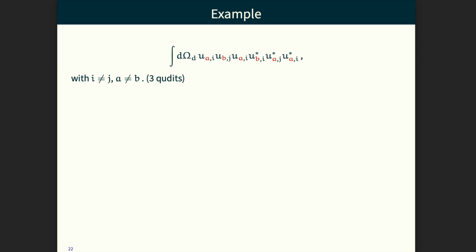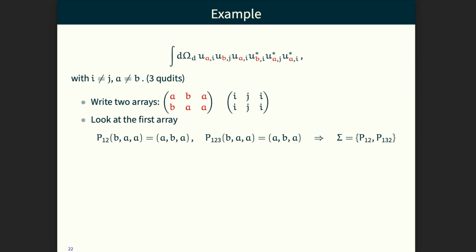So here's an example I specialized like this. I have the array ABA, BAA. If I permute the first and second entry at the bottom, I get the top one. So P12 is in. And P123, which sends the first to the second, the second to the third, and the third back to the first, is also in.